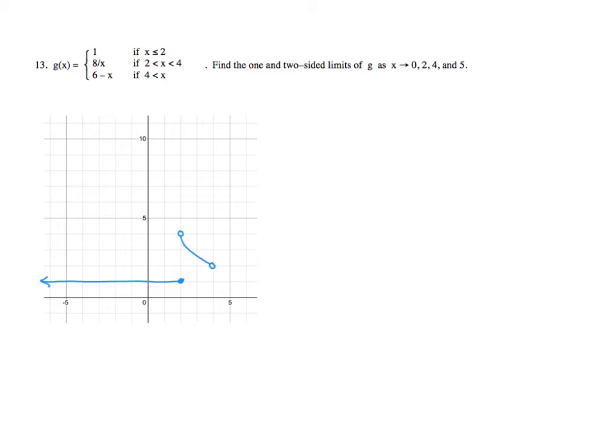So the last thing is, for the last part of our definition, if 4 is less than x, it's this linear function, 6 minus x. That's a line with slope -1, meaning that it is decreasing. So likewise, at 4, I want to know where to begin with this function. So I'm going to put 4 in place of this x, and I get 2.